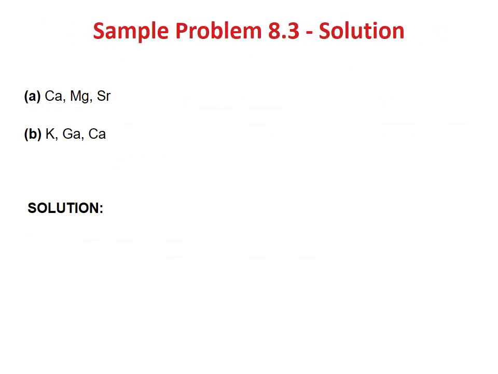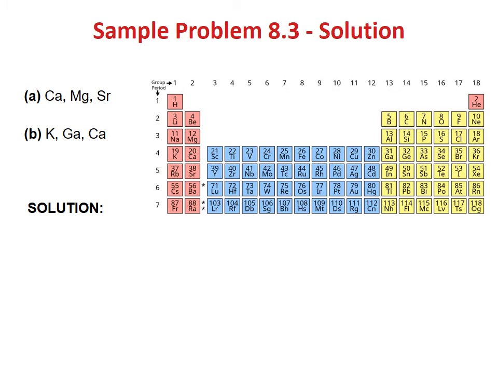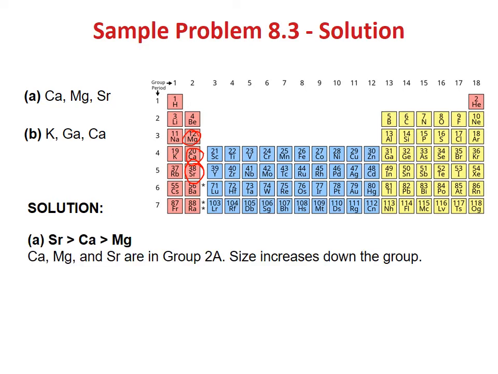A, calcium, magnesium, strontium. So here is a periodic table, and we find calcium right here, magnesium, and strontium. These are elements in the second group, and we know the size increases down a group. So strontium should be the largest. Next will be calcium, and magnesium should be the smallest.